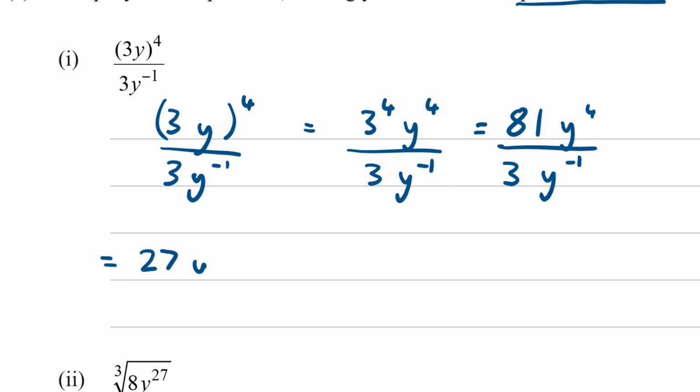So in this case, it would be the numerator's power, which is 4, minus the denominator's power, which is -1. Notice how I use brackets there, just to make sure I'm aware of subtracting a negative, which gives us 27 times y to the power of 5.